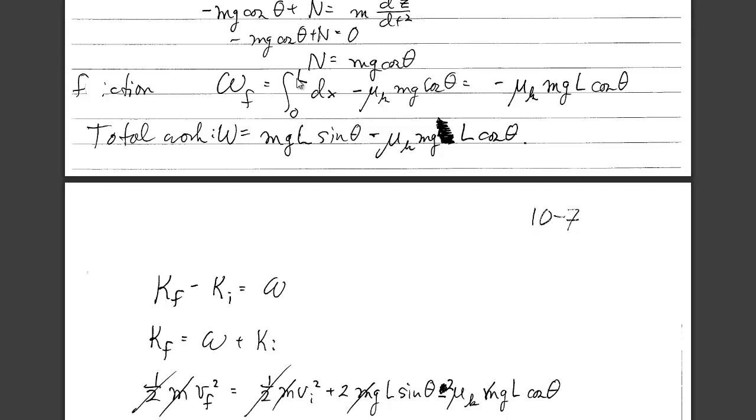I integrate from 0 to L, and therefore the work done by friction is negative. That, by the way, is an important check. Because friction always opposes the direction of motion, the work done by friction is negative, and therefore the total work done is the sum of the various terms, which is this. So here's the total work done.